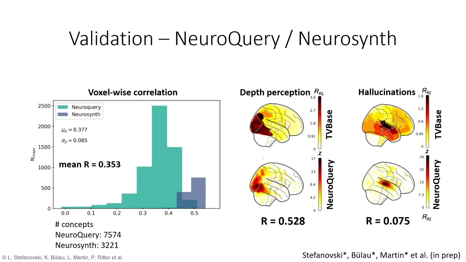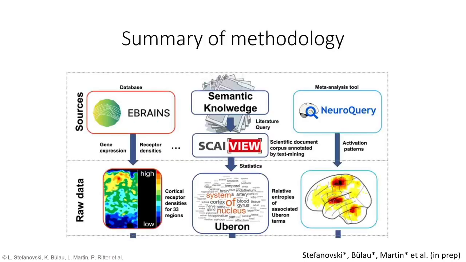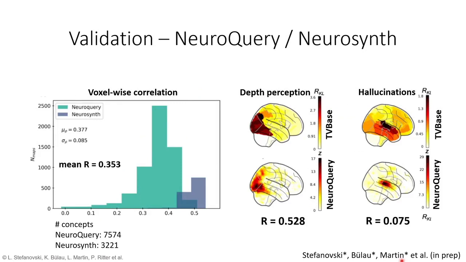So it's also a network of brain function that underlies a hallucination, for example. So TV-based is able to map more brain areas. Therefore, the rather low correlation in that case, but for the peak activity areas there is an accuracy of 0.9, I would say.